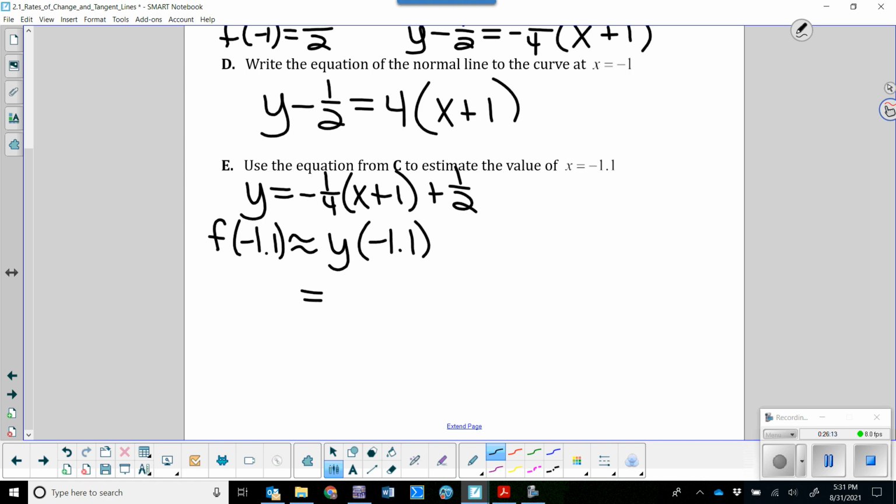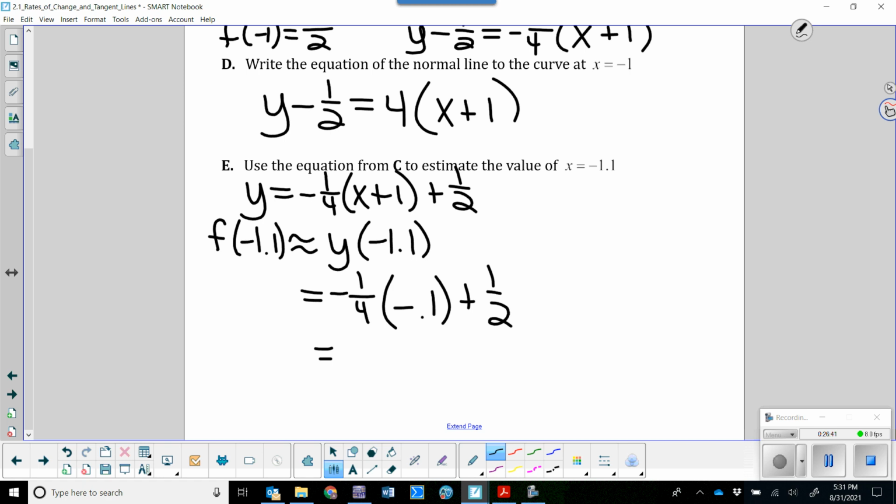So y of negative 1.1 would be negative 1/4 times negative 1.1 plus 1, which would be negative 0.1, then plus 1/2. And so here's a time where decimals might be better. So negative 1/4 is negative 0.25 multiplied by negative 0.1. So negative times negative is positive.